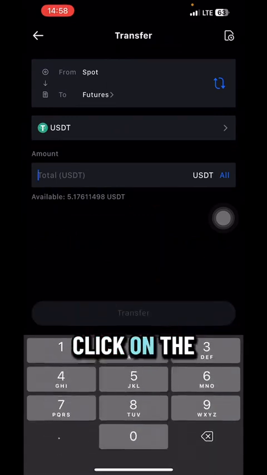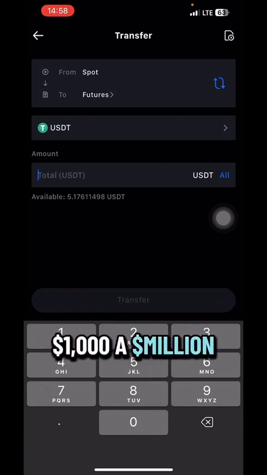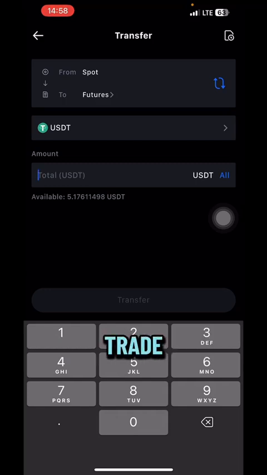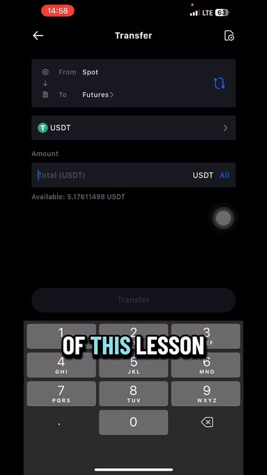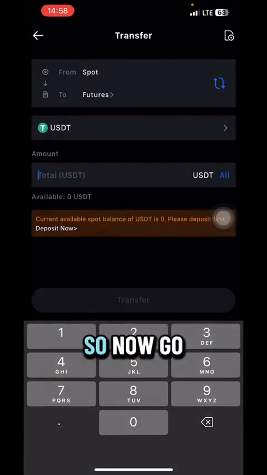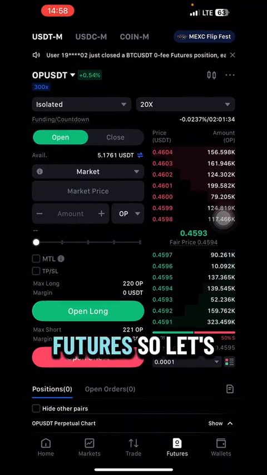Click on the amount of money you want to put, maybe 150, 1,000, a million, depending on what you want to deposit and trade. For the purpose of this lesson, I'm going to choose 5. So now go back. This is already in features.